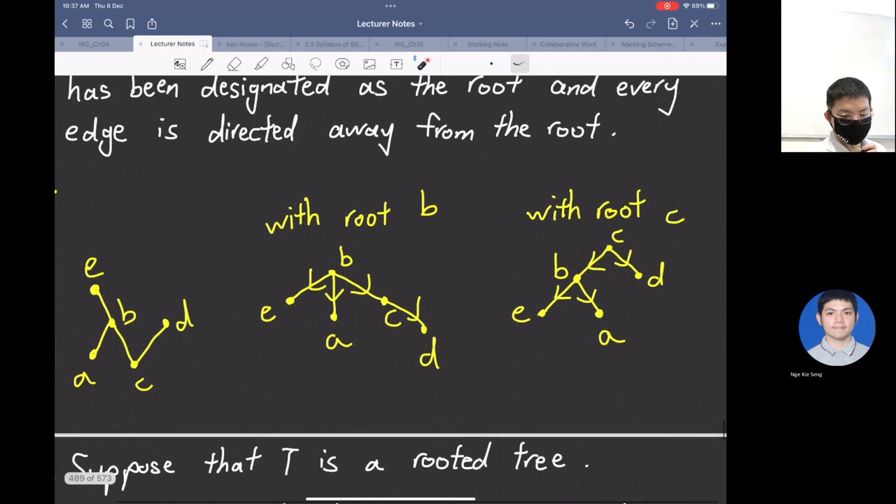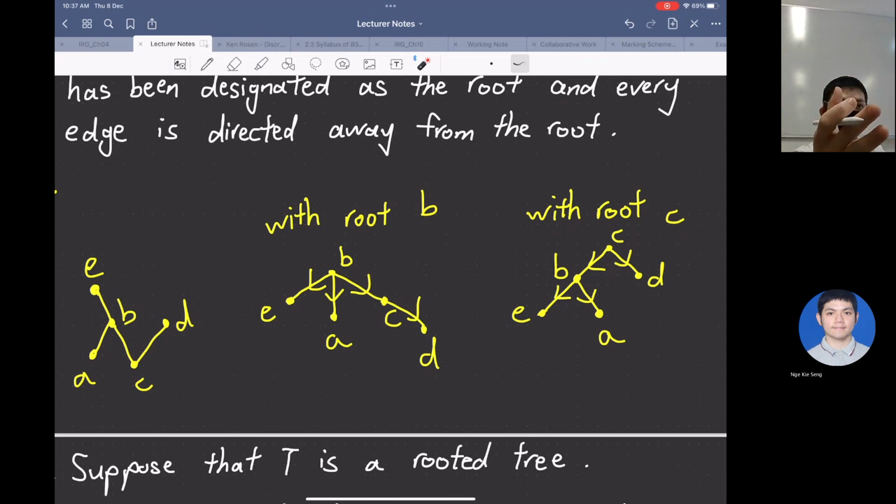Internal vertex, okay. So one thing you can see here is that either you are an internal vertex or you are a leaf. So leaves and internal vertexes partition your vertex set.